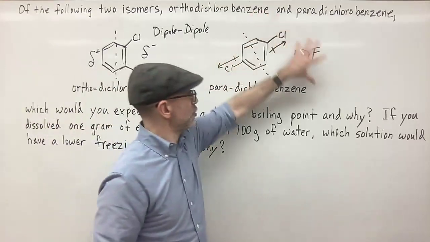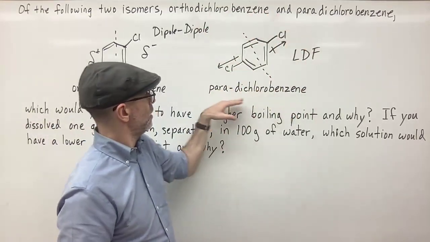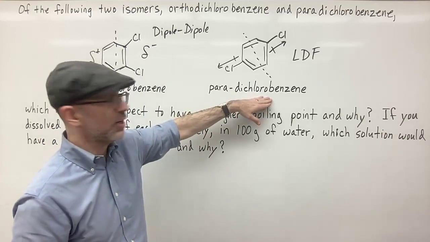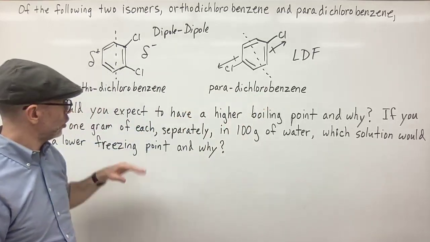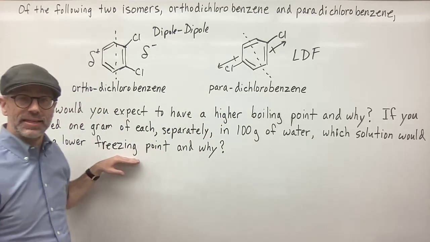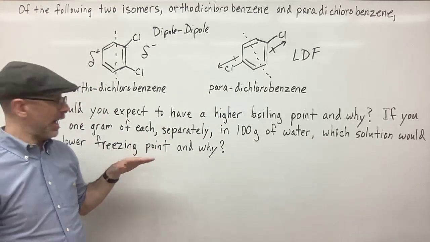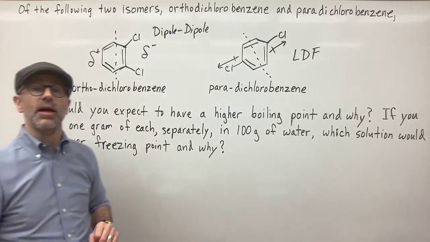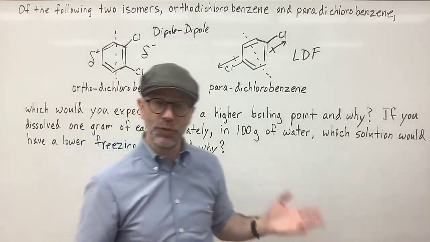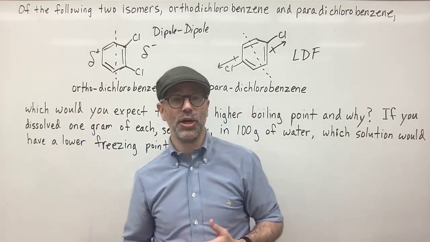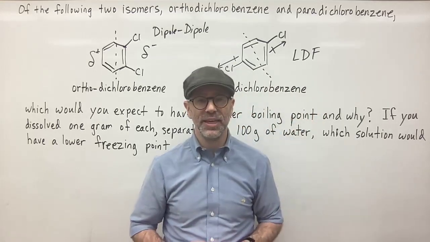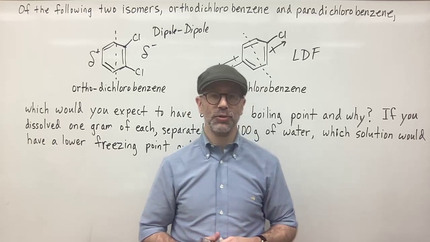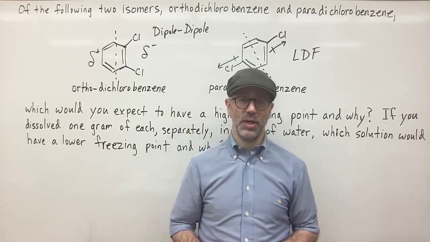So the answer here would be that paradichlorobenzene would have the lower freezing point in this case. That is how you would explain which one has the lower freezing point and which one has the higher boiling point. It all has to do with the strength of the intermolecular forces for each of the substances.